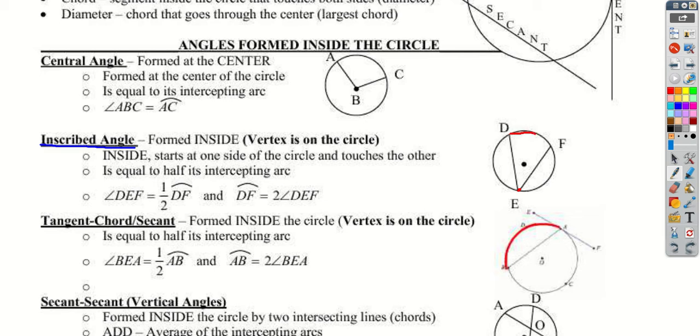And this is referred to as the intercepted arc. Remember what we said. If this is x, the angle is equal to half of the arc. So this would be 1/2 x. So if this is 50, this angle would be a 25-degree angle. That's the main concept for today.